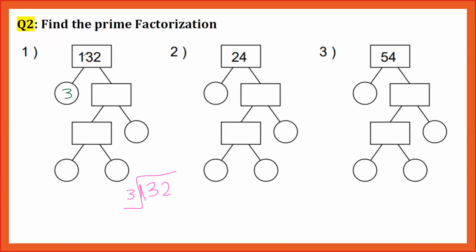It's the right answer. Okay, Rodina, 132 over 3. Here, 3 divided by 3 equals 1.